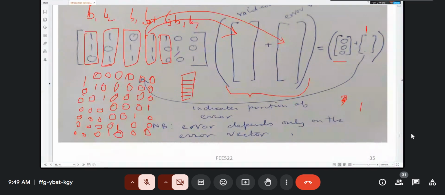Just distance, Hamming distance, or when you're referring to code words, what does that mean?